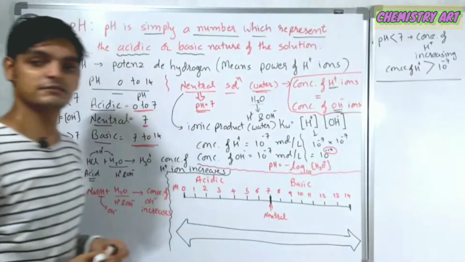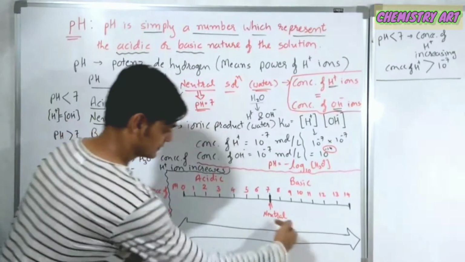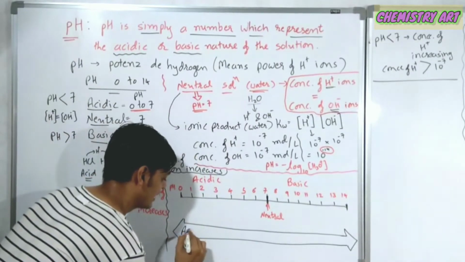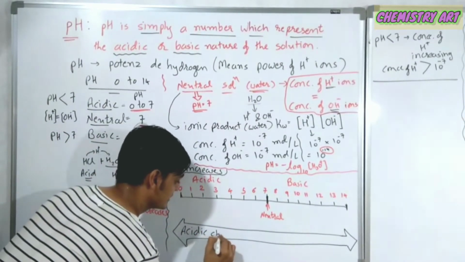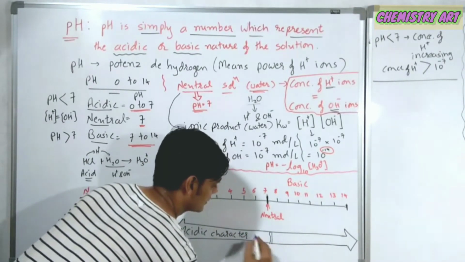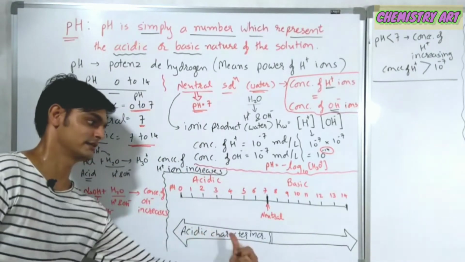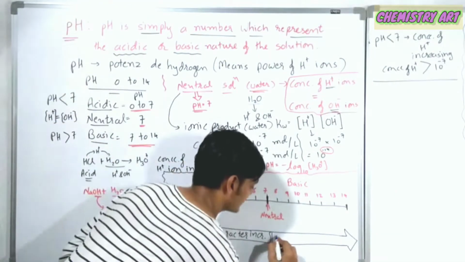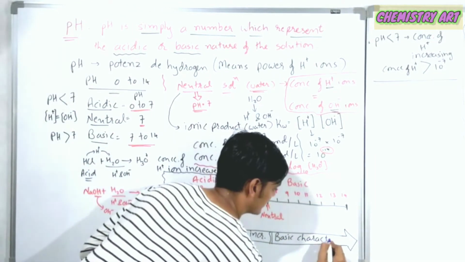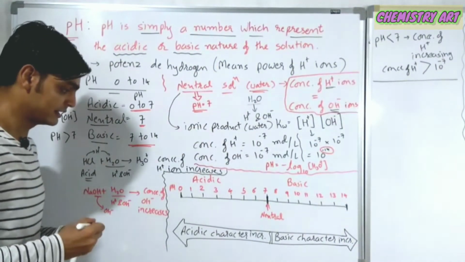So on this side the acidic character is increasing, and on that side the basic character is increasing.